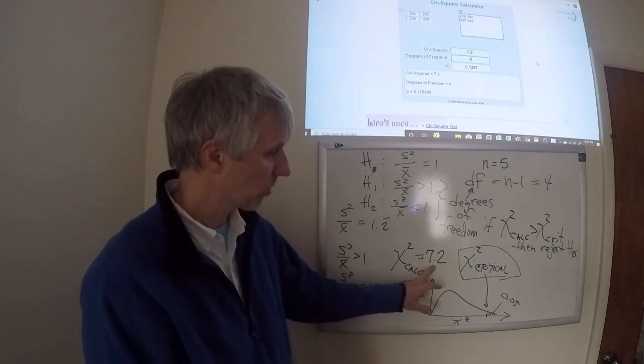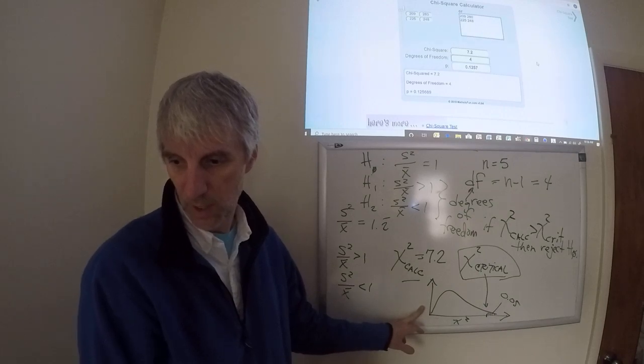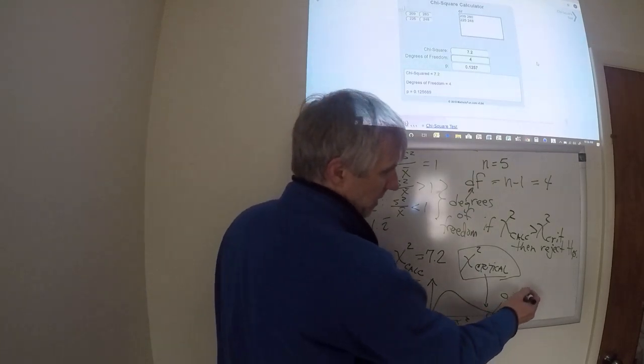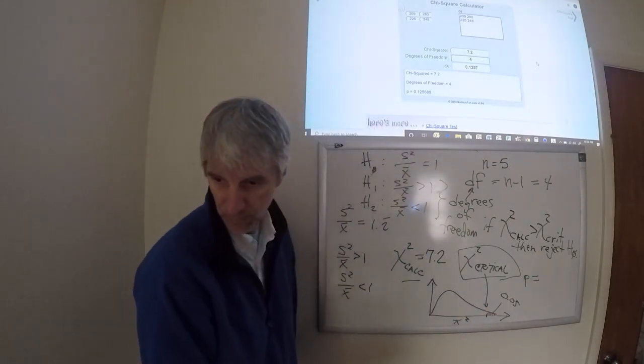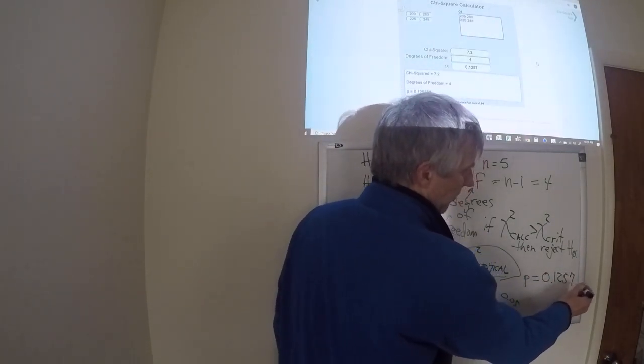A chi-square calculated of 7.2 and a degrees of freedom of 4 gives us a p-value of 0.1257.